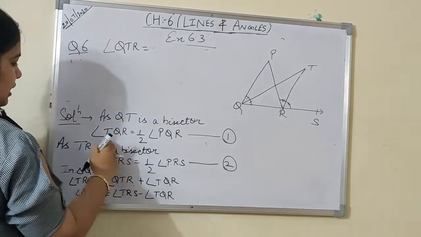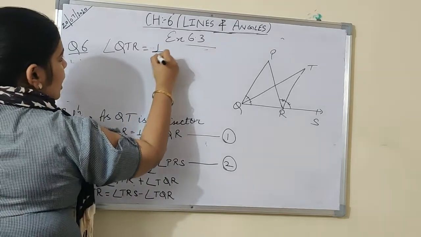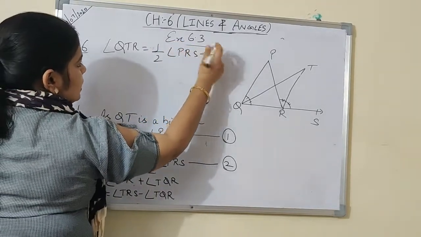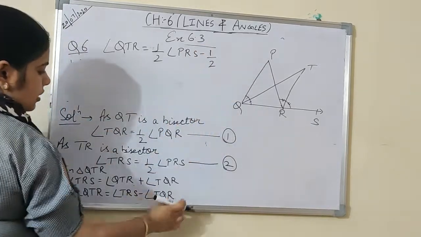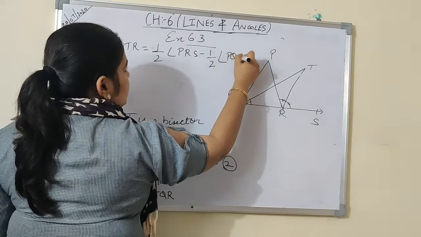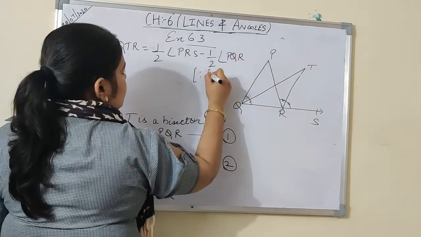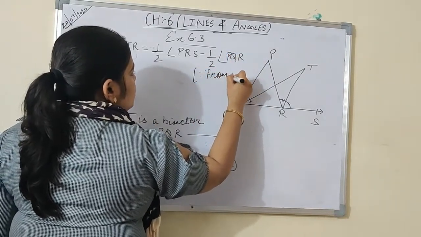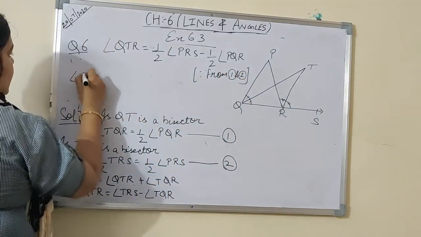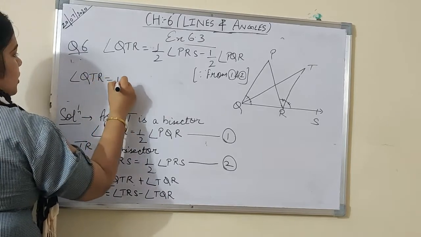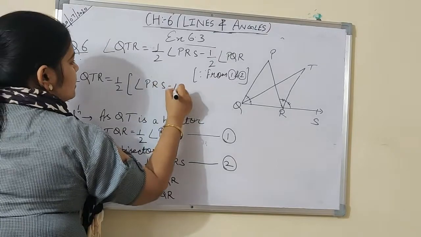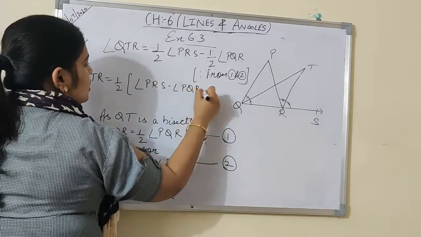In place of angle TRS, I can write half of angle PRS. Then in place of angle TQR, I can write half of angle PQR. Then in next step we can take half common, and inside we will get angle PRS minus angle PQR.